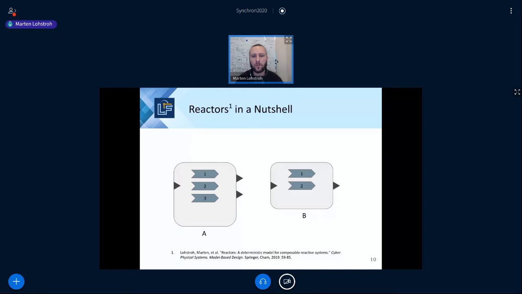And reactions can also be triggered by a special trigger called startup. This is represented by the bullet, which is only present at the first instant of each reactor's life cycle. Similarly, we have a shutdown trigger. It's the lattice shape that is only present at the last instant of the reactor's life cycle.